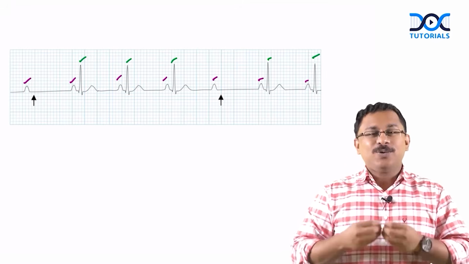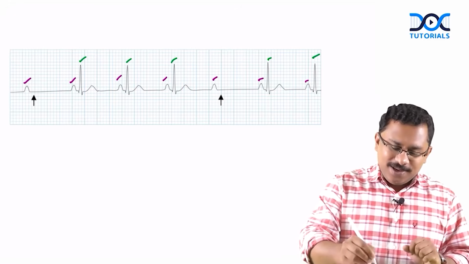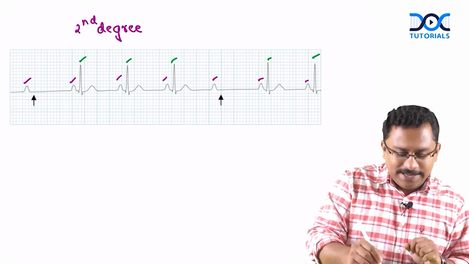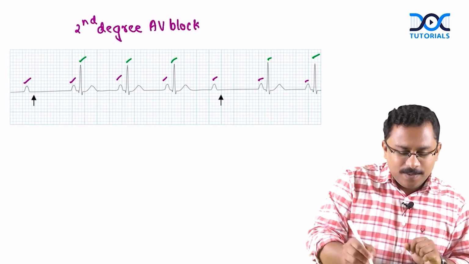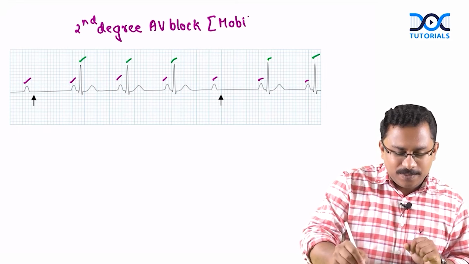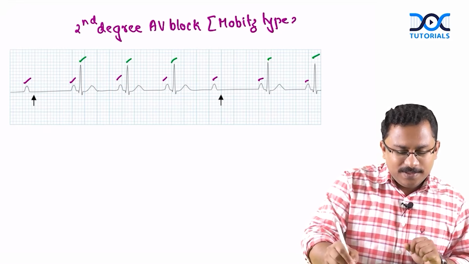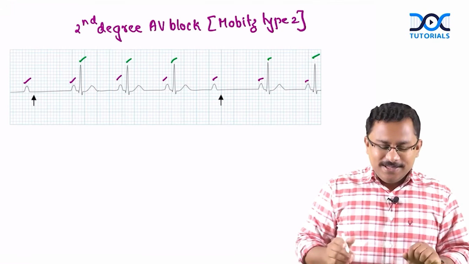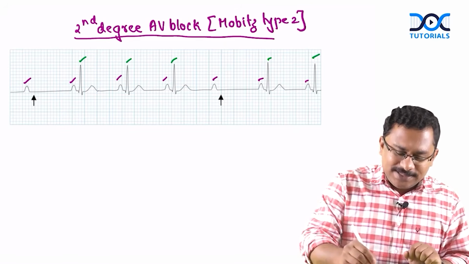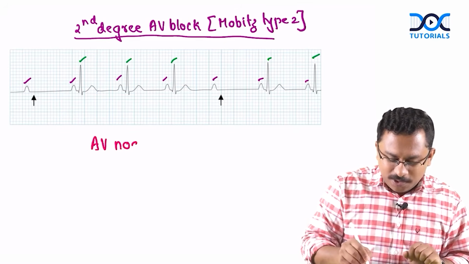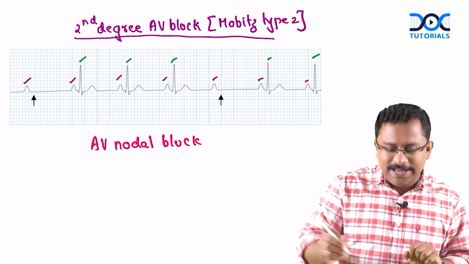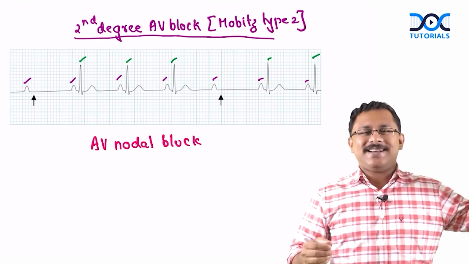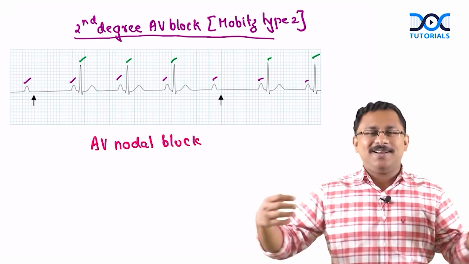So you tell me what is the ECG diagnosis here? Well, the ECG diagnosis here is that of a second degree AV block, Mobitz type 2. Well, the AV blocks have been discussed in detail in a separate module. So here what actually happens is there is an AV nodal block, because the AV node is a very important gate pass for the impulse transmission from the SA node to the bundle branches.